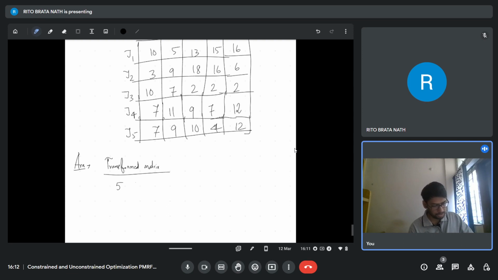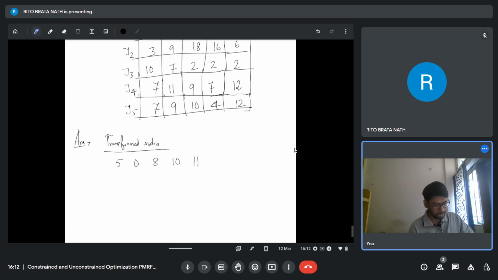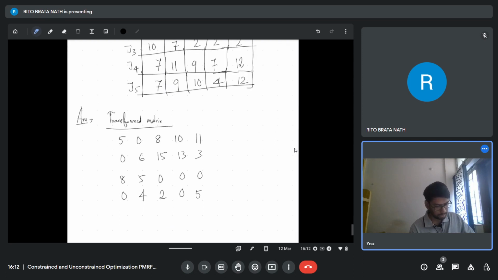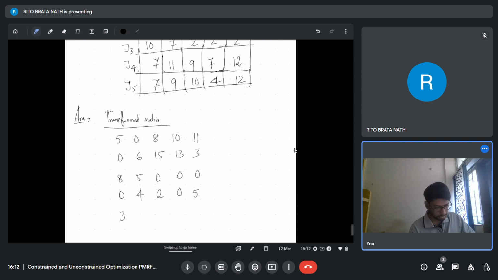So this will be, next it will be 3 will be subtracted, 15, 13, 3, then it will be 2 which is subtracted, 8, 5, 0, 0, 0, then 7 will be subtracted, so that's 0, 4, 2, 0, 5, finally 4 will be subtracted, so that's 3, 5, 6, 0, 8.